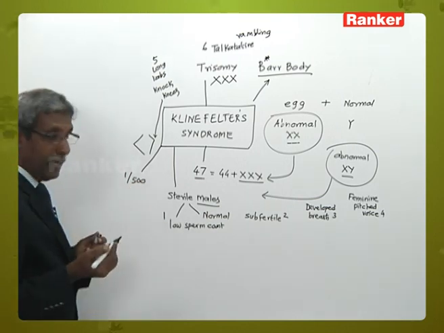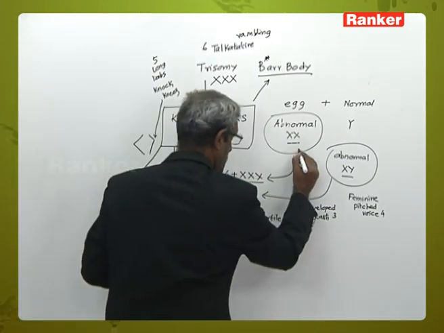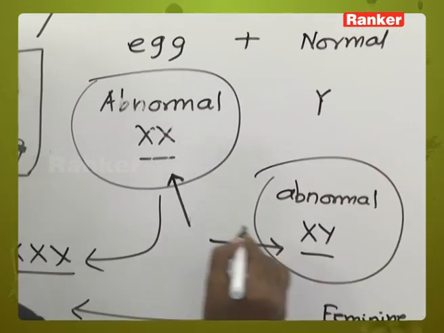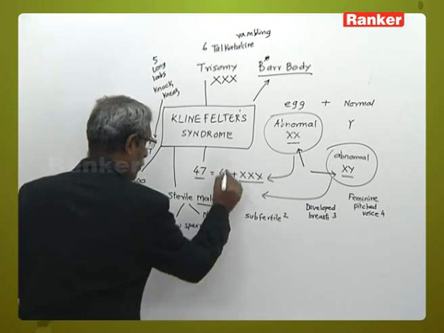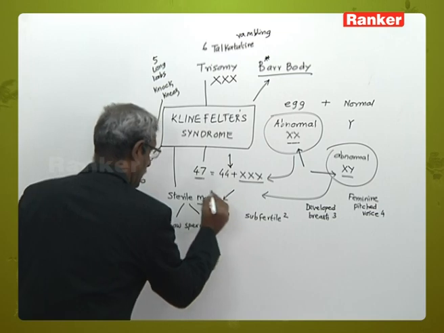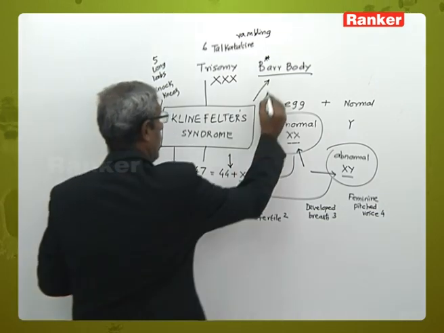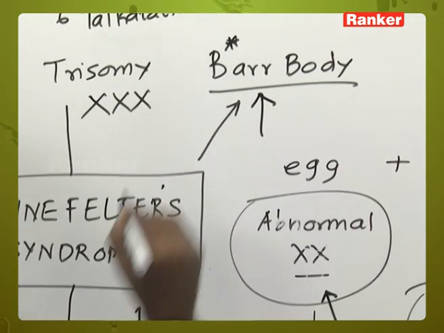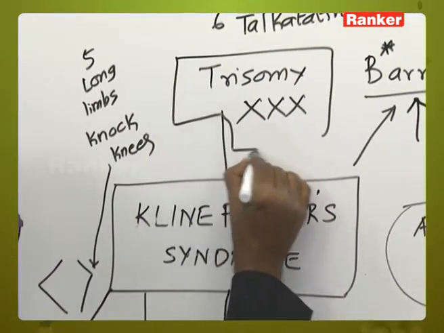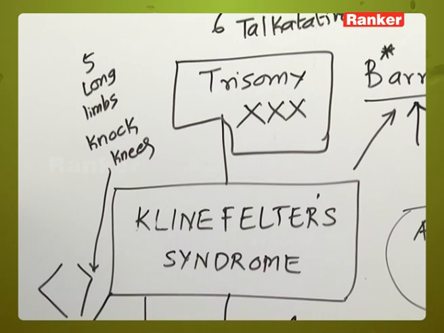So the most important concepts are: how does it come about with an abnormal XX or an XY? What is the chromosome complement? Whom does it affect? It affects sterile males. How is it indicated? It is indicated by a bar body. And what is it popularly termed as? It is termed a trisomic XXY.